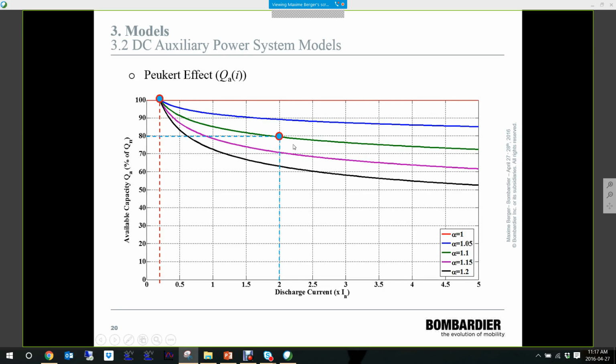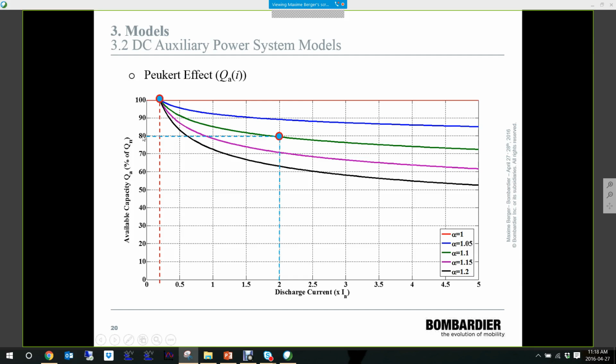Regarding the Peukert effect, Peukert's theory states that the available capacity of a battery decreases as the current discharge rate increases. Manufacturers specify the total battery capacity at a given discharge rate, here called IN for the nominal current. Typically, the nominal capacity of NiCad batteries in the rail industry is given for a discharge rate of 0.2 IN, also called C5, which we can see here.